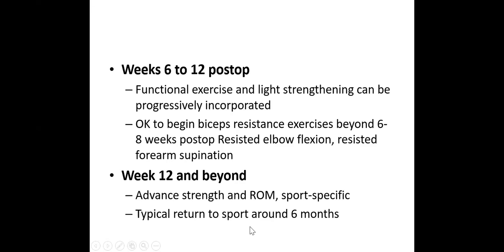Then it's okay to begin biceps resistance exercises beyond 6 to 8 weeks post-op: resisted elbow flexion, resisted forearm supination. There is no problem with these exercises. At week 12 and above, advanced training, running, and sport-specific training, and typical return to sports around 6 months, should be our goal.